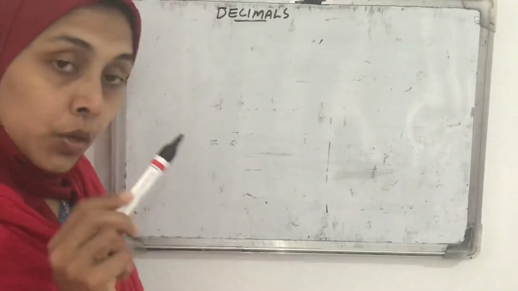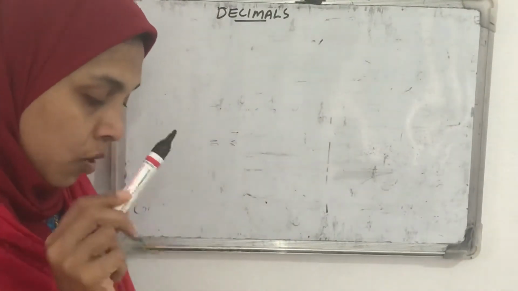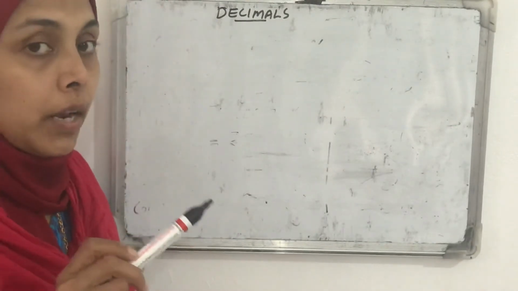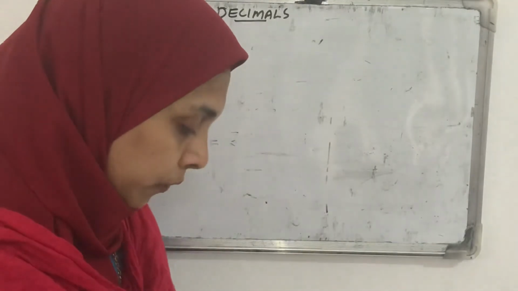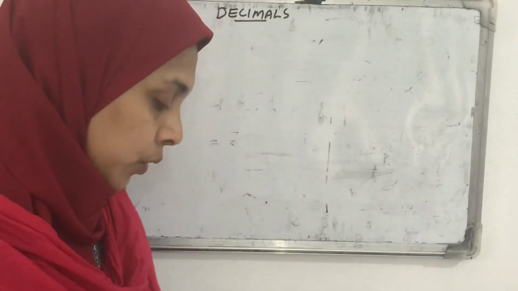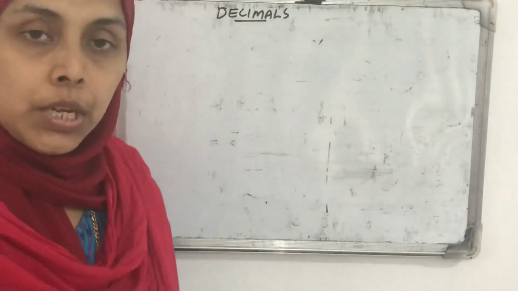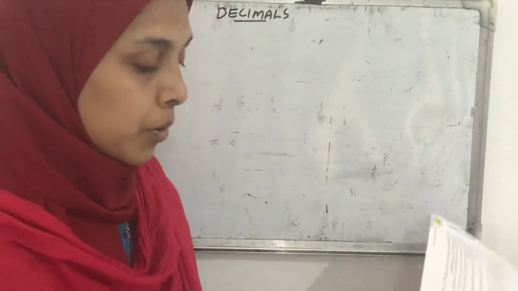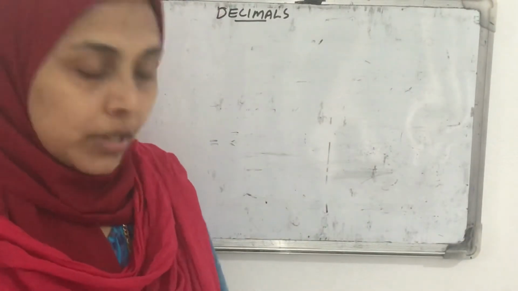That means using 1 liter, how much distance can she travel? 10.5 kilometers. Then how many liters of fuel does Savitri need if she has to cover 262.5 kilometers? So if she needs to travel 262.5 kilometers, how many liters of petrol are needed? That is the question.